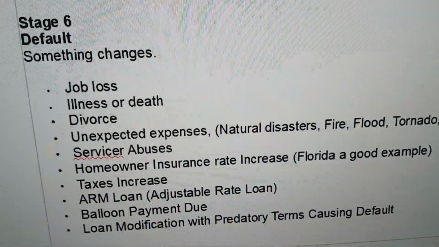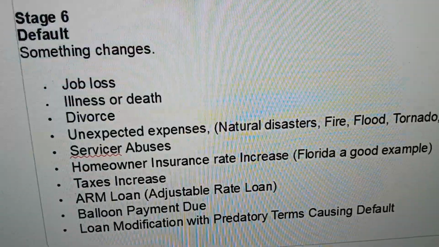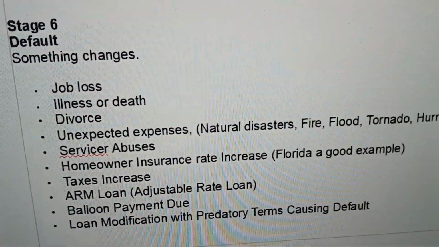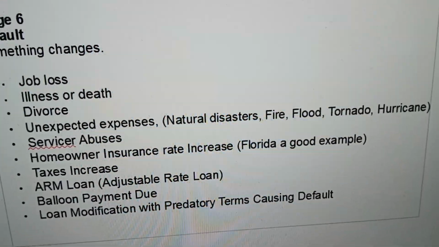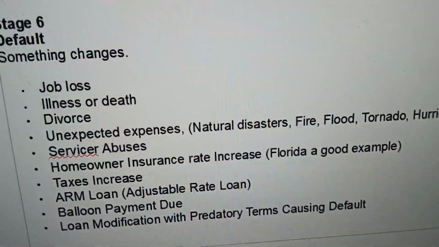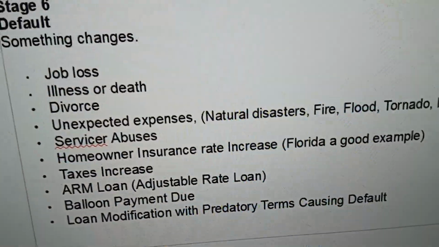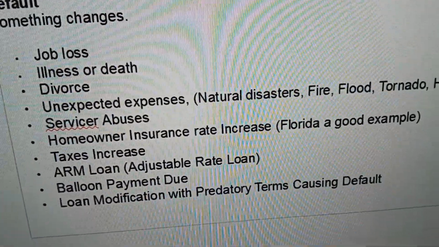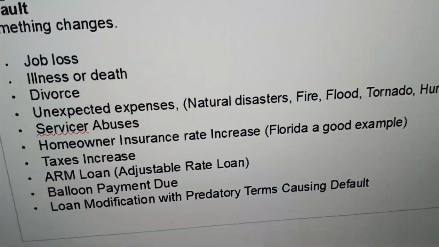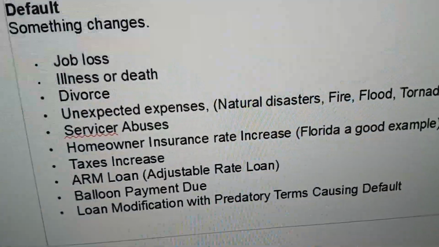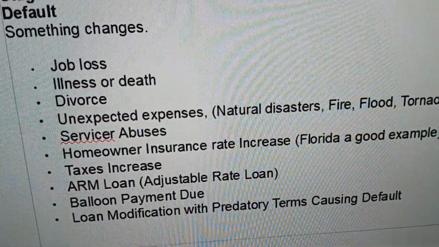Job loss, illness or death, divorce, unexpected expenses such as natural disasters, fire, flood, tornado, hurricanes, servicer abuses. That's a whole different ballpark. Homeowner insurance rate increase. Florida is a good example. Taxes increase.